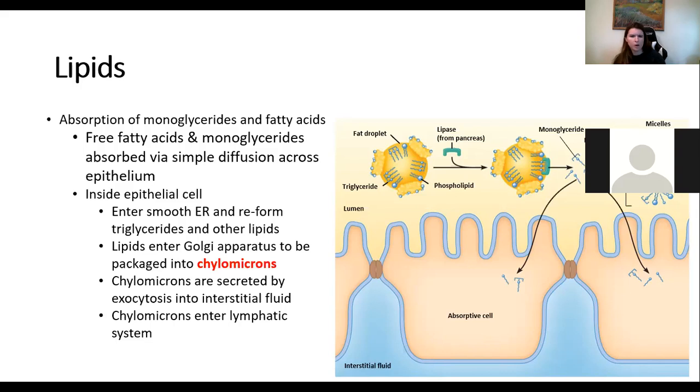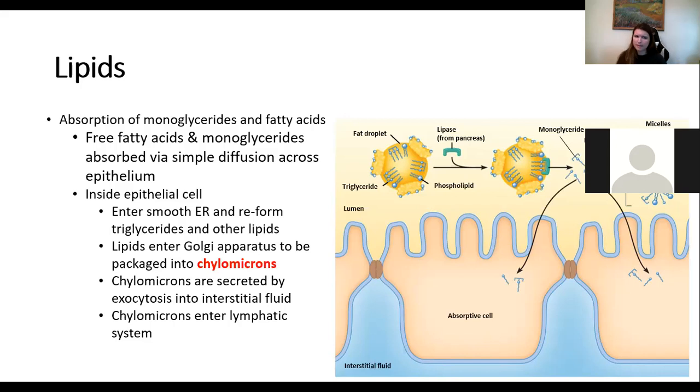So once the fatty acids are inside the epithelial cell, some other stuff is going to happen. They're not going to go directly across the basolateral membrane and into your blood. They have their own pathway.